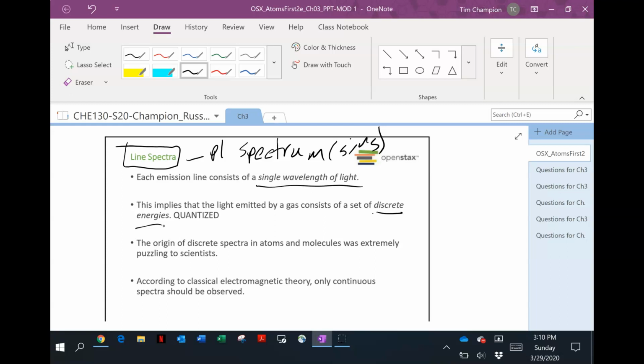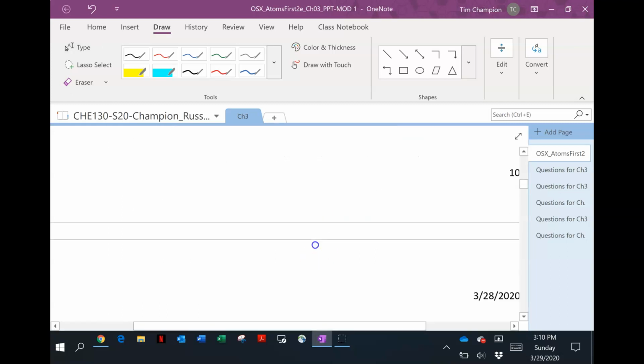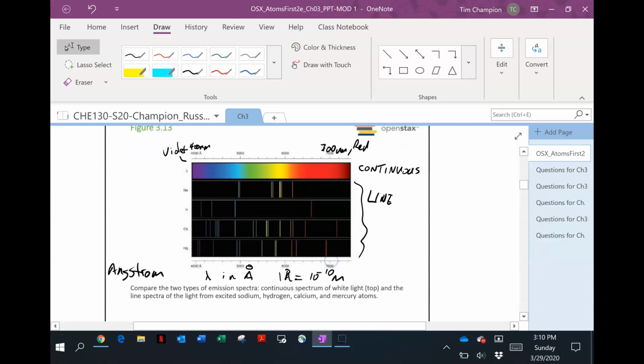And the way you generally do these things is you take your sample. So you take a tube with a little bit of hydrogen gas in it, almost a vacuum, and you pass an electrical current through it, and the electricity will cause the electrons to become excited, and they will undergo transitions and then relax back to the normal setup of electrons, as we'll learn.